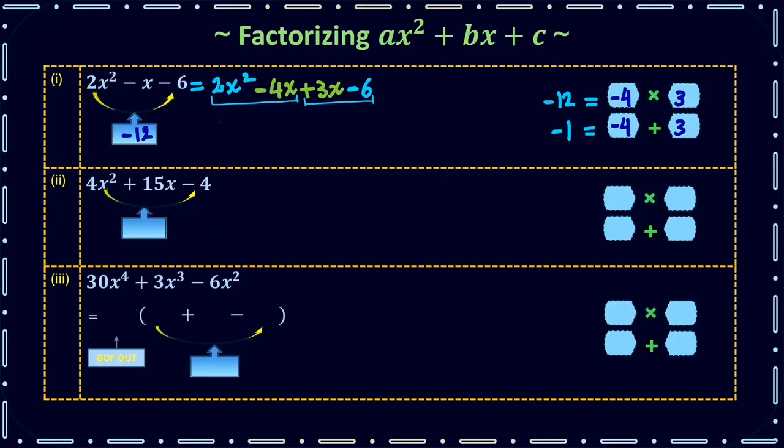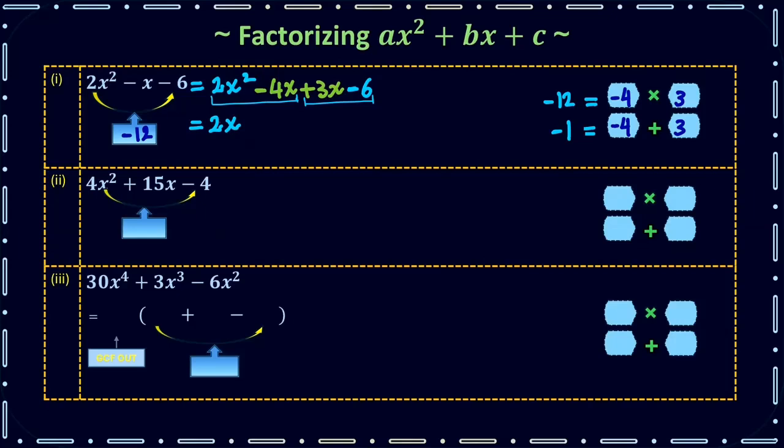From each group, we're going to take out the GCF. From the first group, we have 2x squared and negative 4x. The GCF of 2 and 4 is 2. And the GCF of x squared and x is x with the smaller exponent. So 2x.